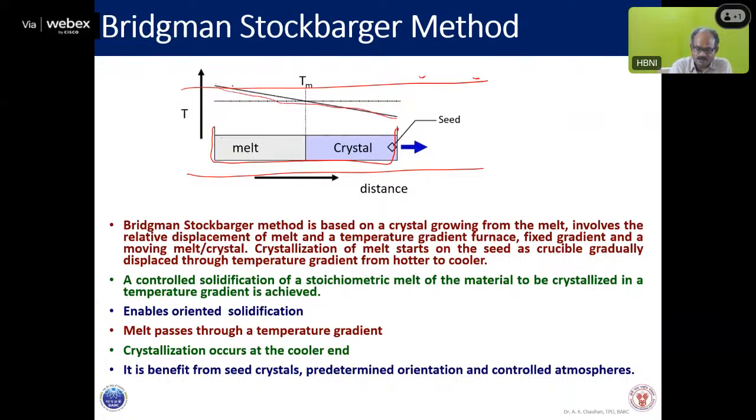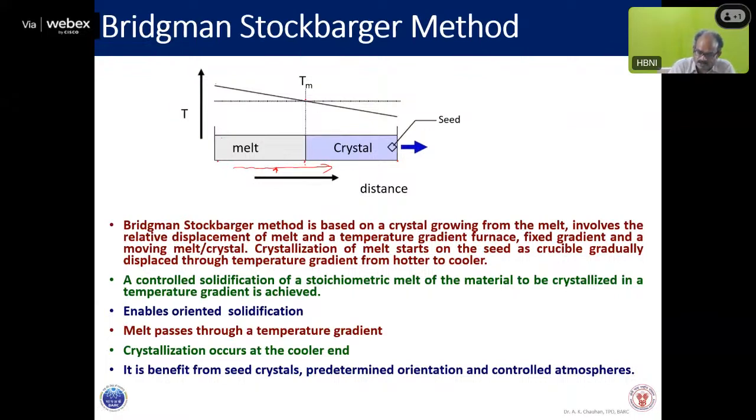Here the temperature is high, here the temperature is low, and suppose initially this entire thing was at this place or even at this place, and then very slowly you start moving this toward this direction. So what will happen?